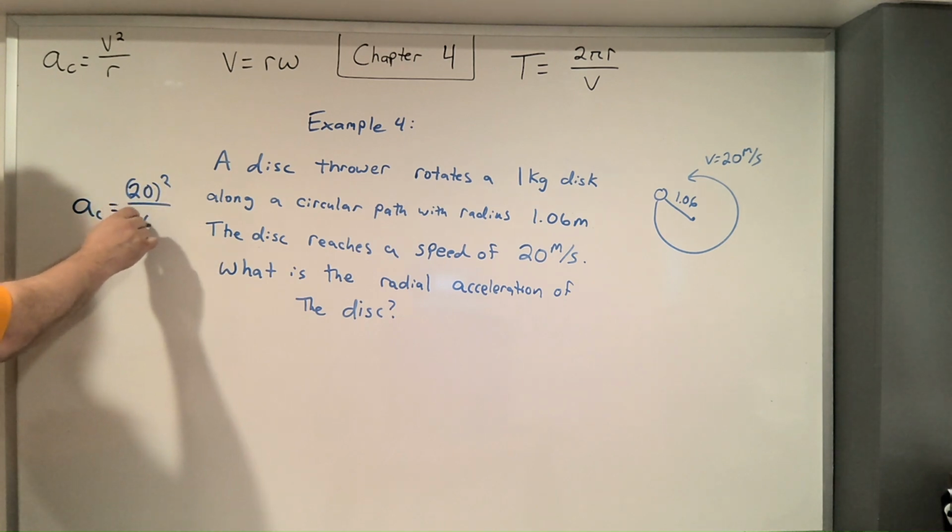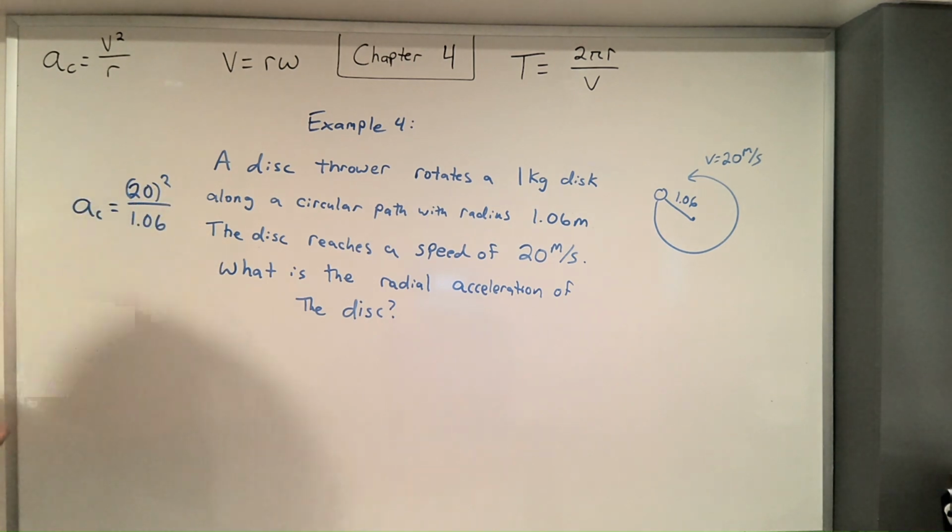And the radius is given to us very plainly as 1.06 meters. So when we do that calculation, you'll get 20 squared being 400 divided by the 1.06.